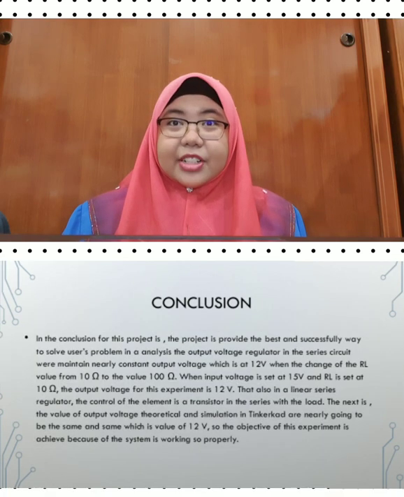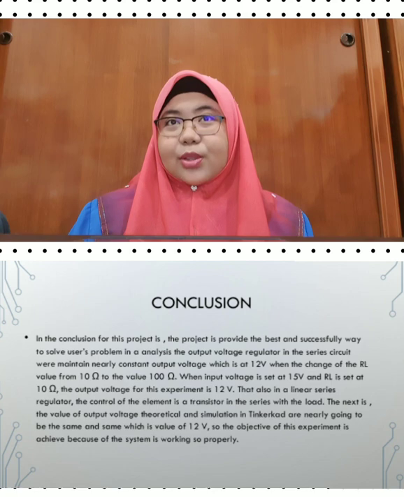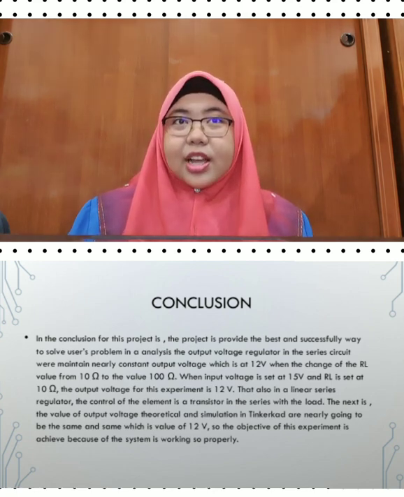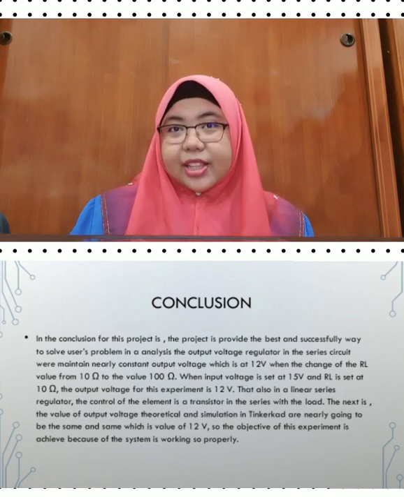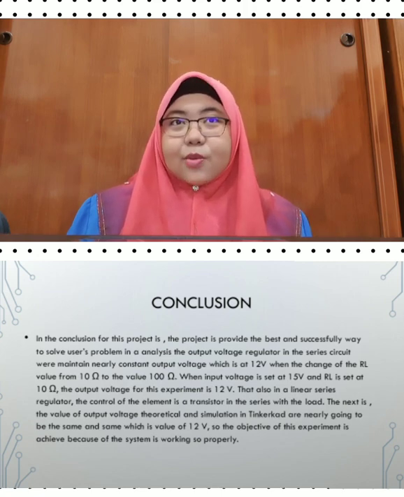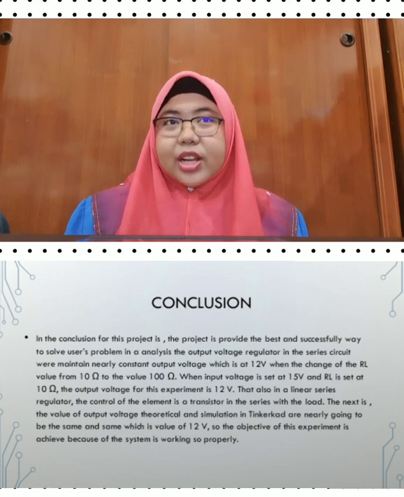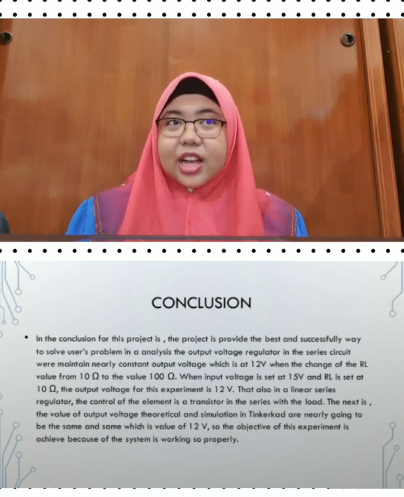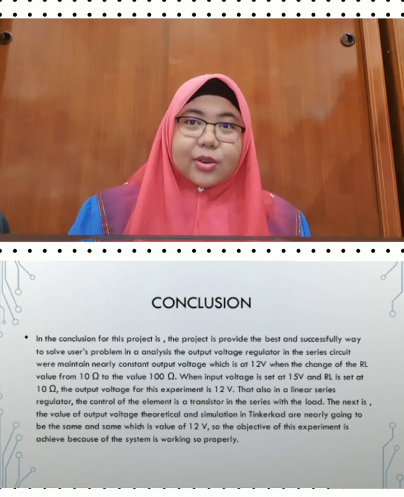The conclusion for this experiment is that the project provides the best and suitable way to solve the user's problem in analyzing the output voltage regulator in a series circuit, maintaining a nearly constant output voltage, which is at 12 volt when the RL value changes from 10 ohm to 100 ohm.